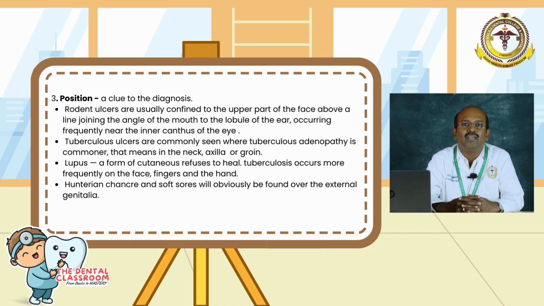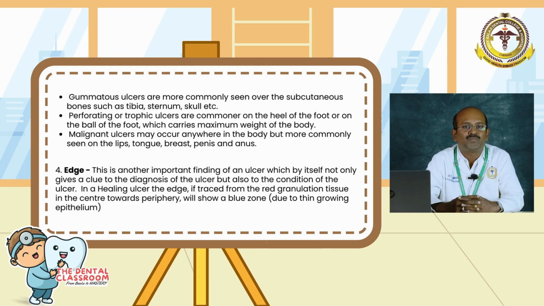Very commonly you see it in the fingers, on the face and hands. The Hunterian chancre in syphilis is very commonly seen in the area that has been exposed, the groin region. A gummatous ulcer is always seen in a subcutaneous plane where the bone lies behind. Mainly we can see it in the tibia and in the skull region.